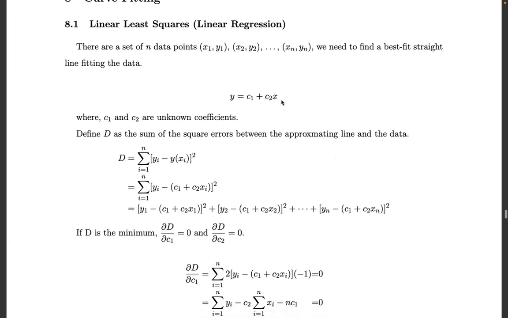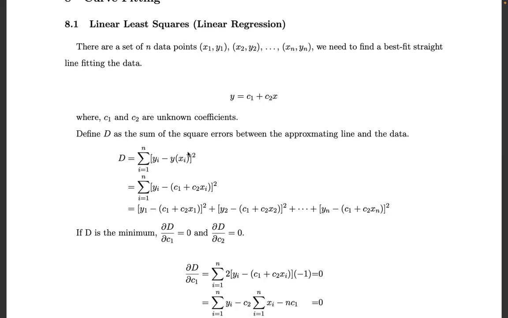Here we define D as the sum of the square errors between the approximating line and the data.